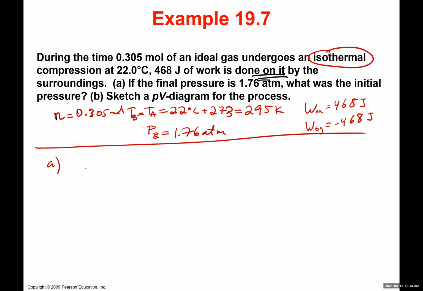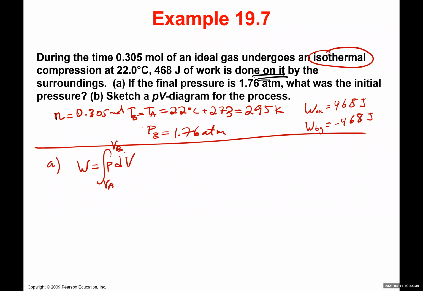Okay, now in terms of what I have here, I'm given the amount of work done, right? Instead of, let's say, the volume or something. I'm given the amount of work done, and I can say then work done is equal to the integral of P dV going from VA to VB.